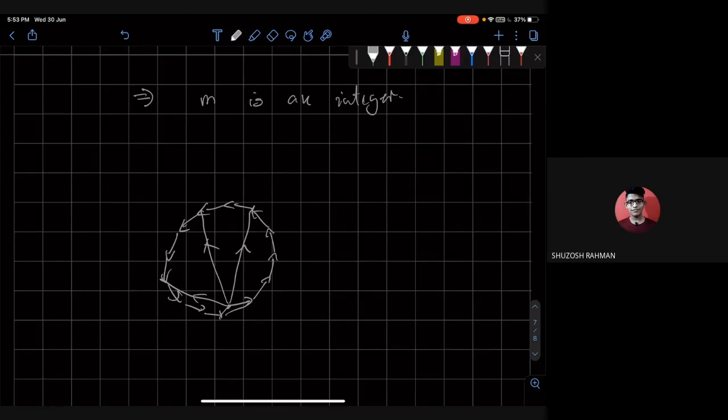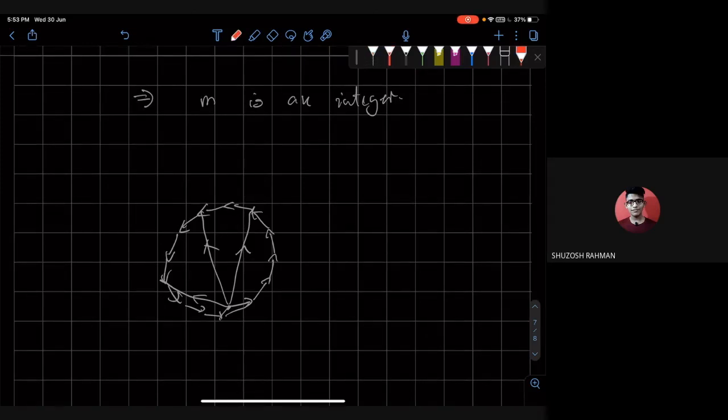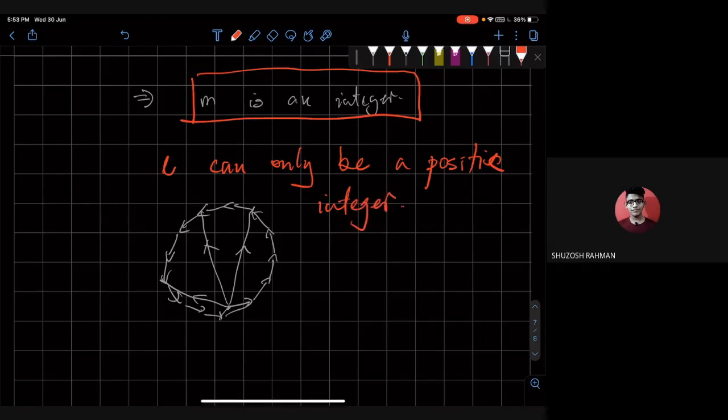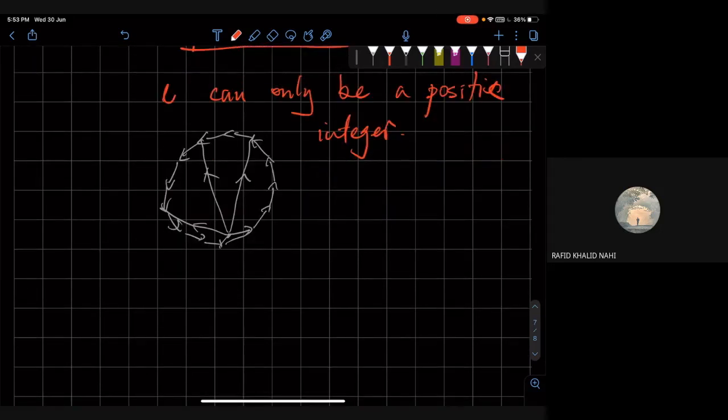But what we have shown is something very remarkable: for the orbital angular momentum, m can only be an integer. If m is an integer, L can only be an integer, a positive integer. If m is an integer, can L be anything else? No, because L represents the maximal value of m. Correct.